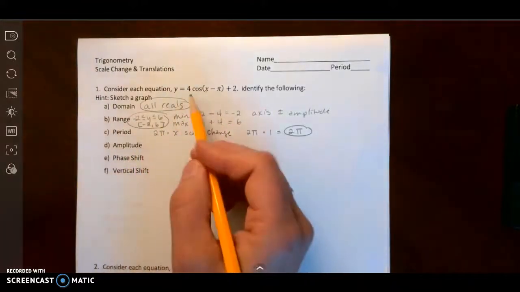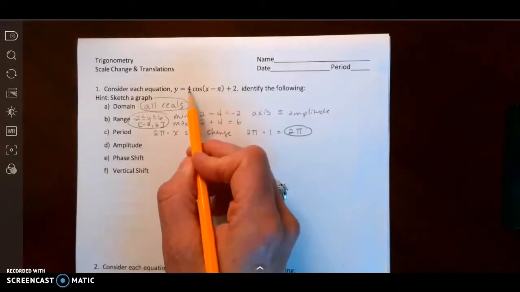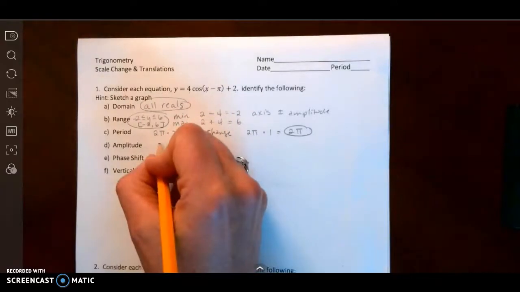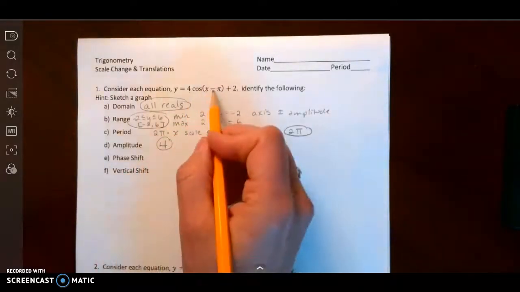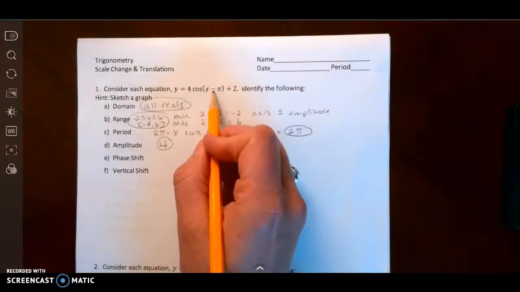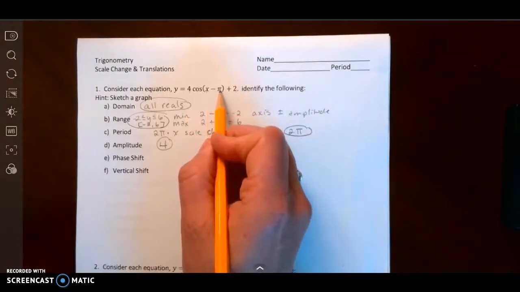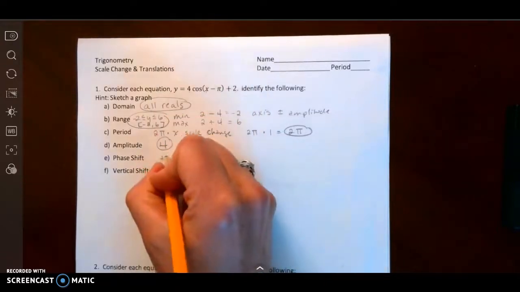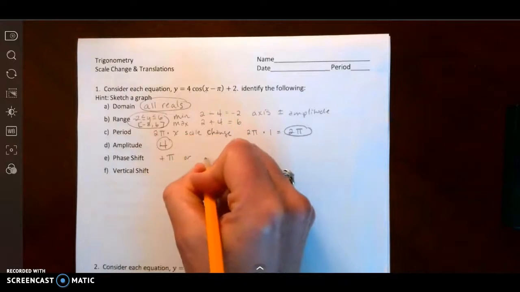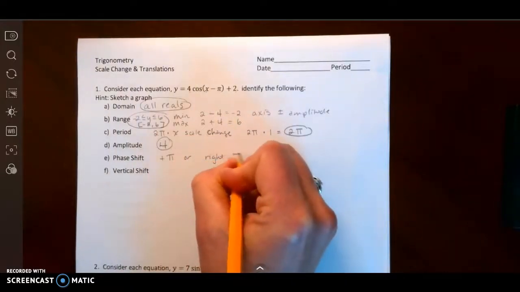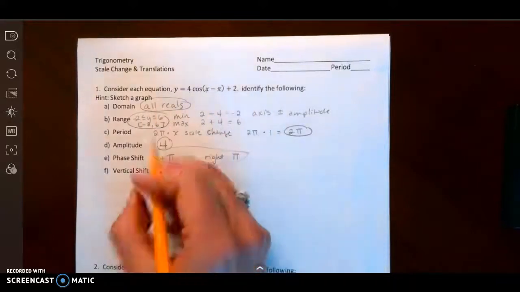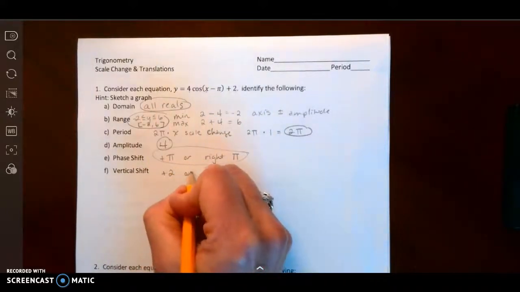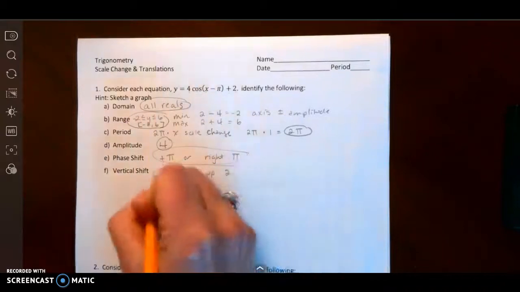The amplitude is the absolute value of the y scale change, which would be right here. So that would be 4. The phase shift in the equation says minus pi, which means in the actual rule it would be plus pi, or in words that would be right pi. And my vertical shift is +2 or up 2.